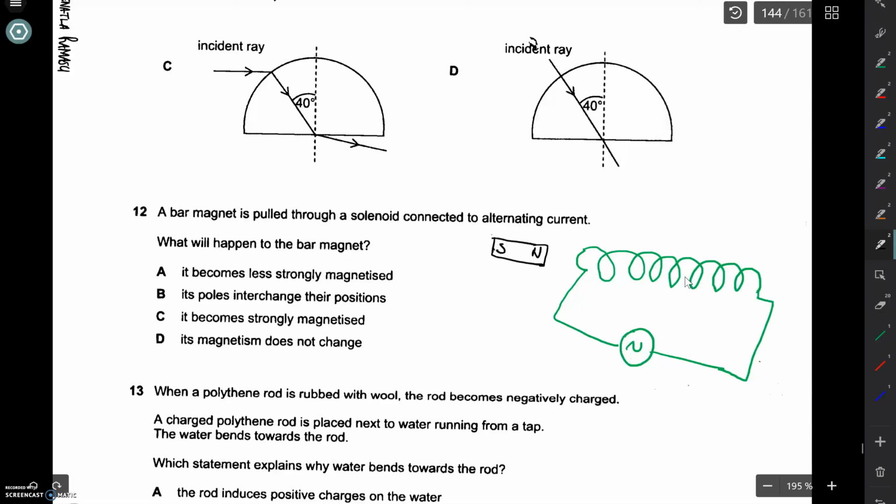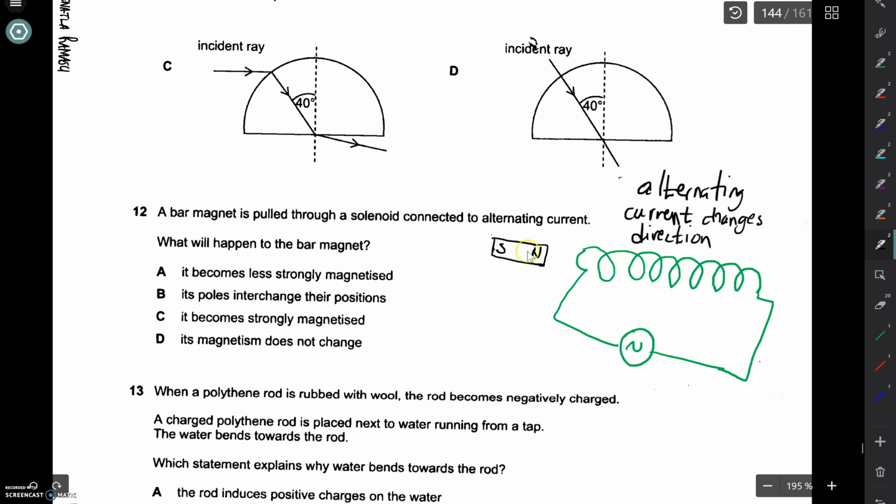Alternating current changes direction. It is the opposite of direct current, which only travels in one direction. AC keeps on changing direction.